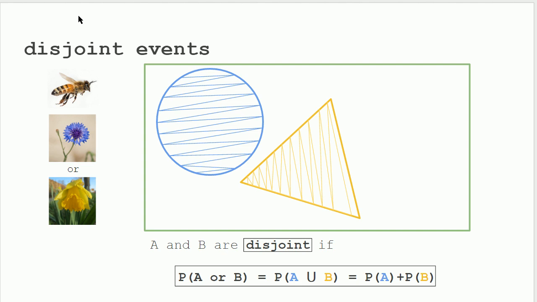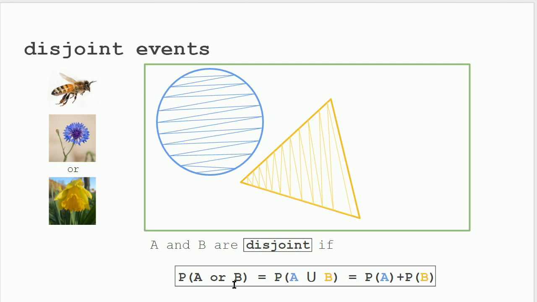So let's talk about what disjoint events are. Disjoint events are events that have no probabilistic overlap. Okay, so these events occur separately of each other. There is never a point at which a bee will look down and see both these things at the same time. You can only see one or the other.